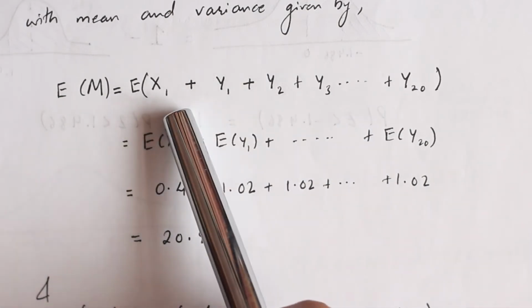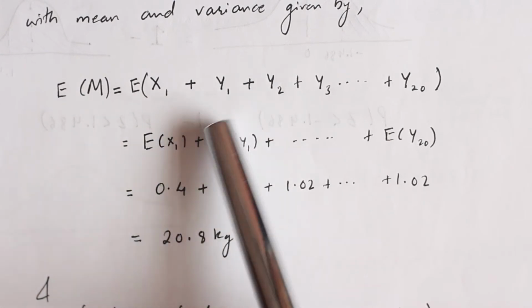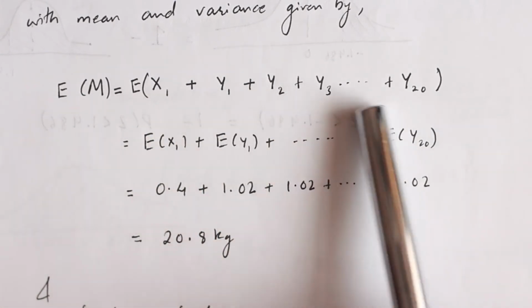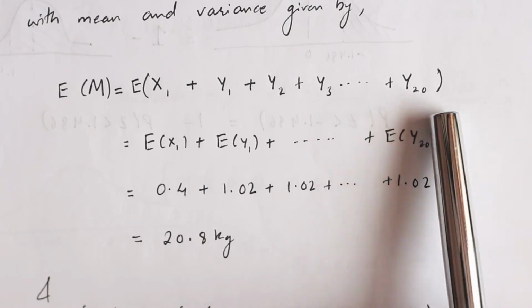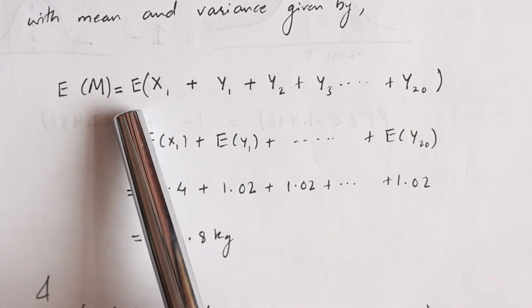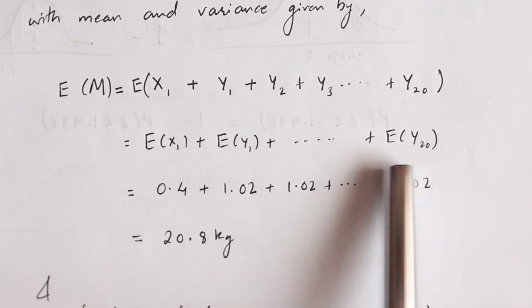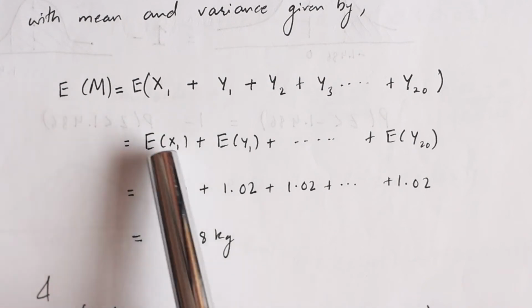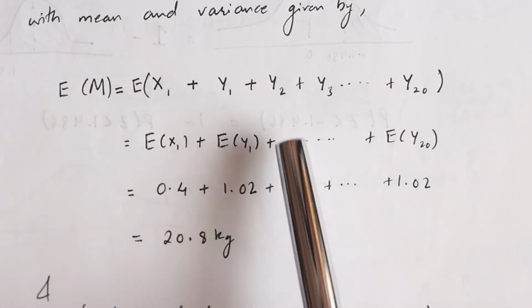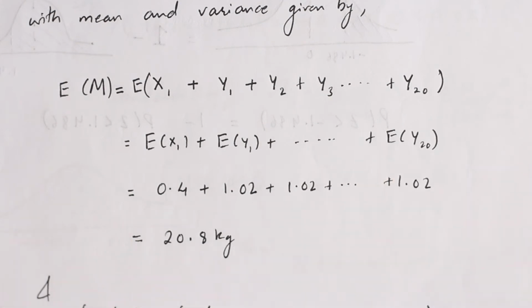So here X1 is the box that we're considering, and the Ys are the bags, and since there are 20 bags we have to add up all of them up to Y20. And by using the expectation rule, we know that this is the expectation of X1, expectation of Y1 plus, and so on up to expectation of Y20.